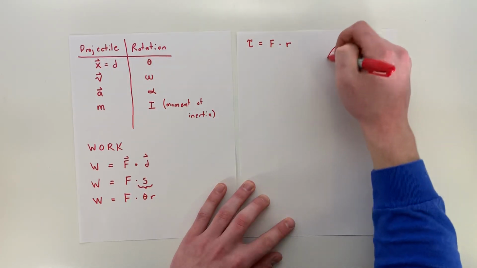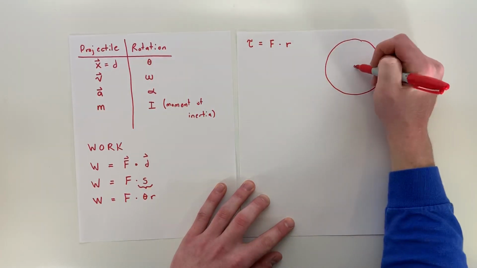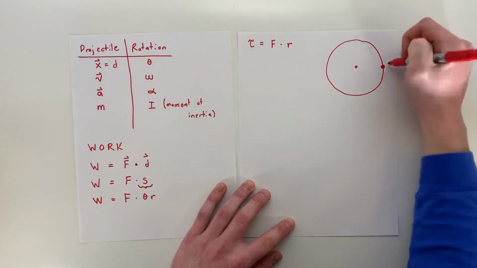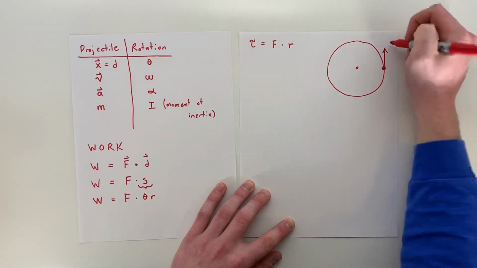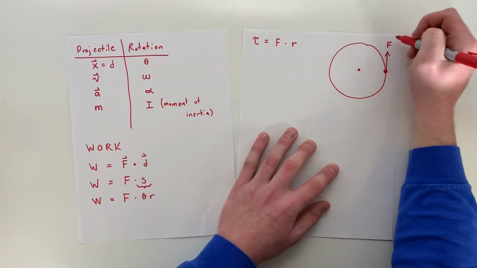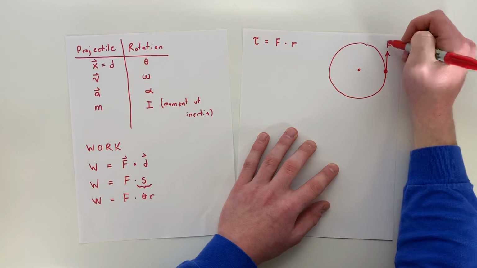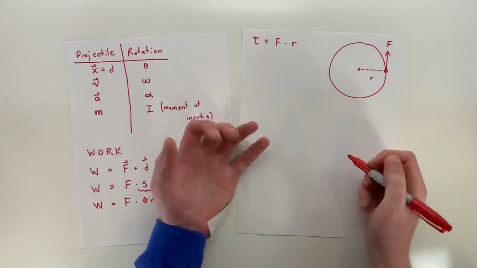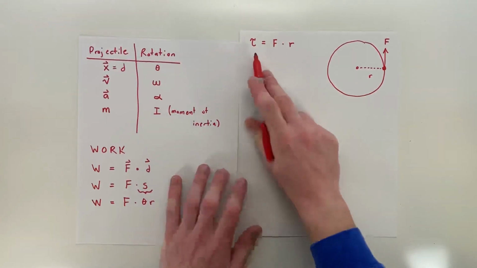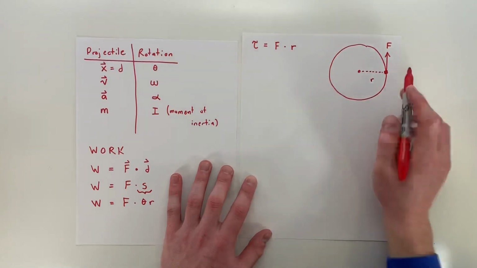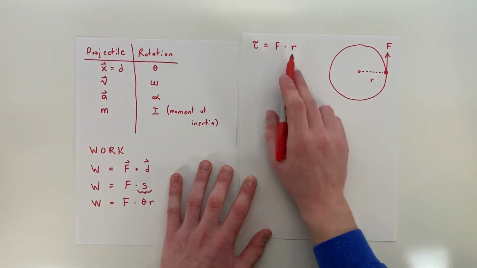If we have a circle here, a point in the center, and a point mass out here, we are going to apply a force to it, which we'll call F, and we have the radius R. The torque is the dot product of the force applied and the radius.